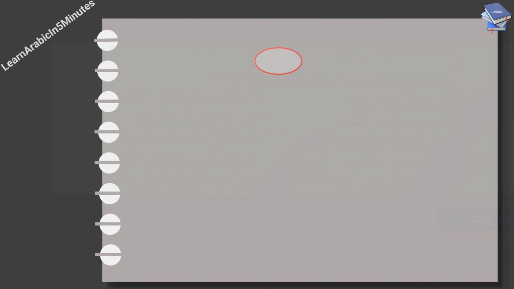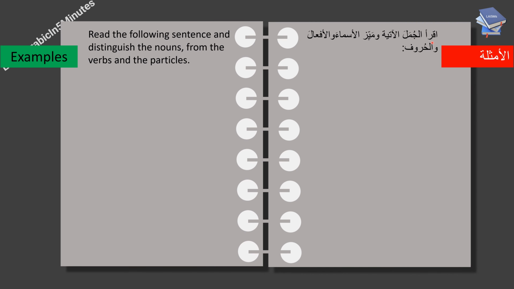Exercise 2. اقرأ الجمل الآتية وميز الأسماء والأفعال والحروف. Read the following sentences and distinguish the nouns from the verbs and the particles. يفتح محمد الباب.